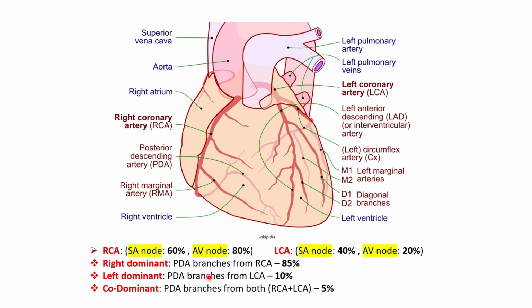If it branches from the left coronary artery, we call it left dominant. If it branches from both of them, we call it codominant. But mainly in 85% of the population, it branches from the right coronary artery, in 10% from the left coronary artery, and in 5% of the population from both sides.